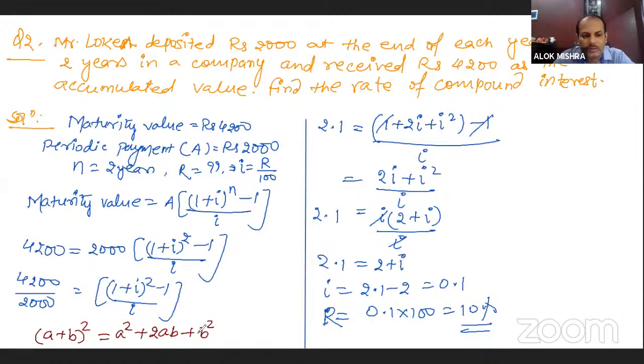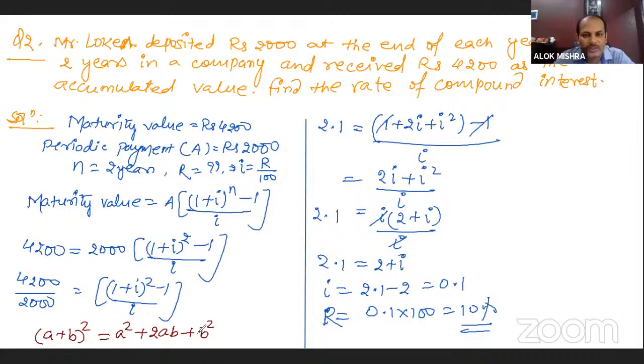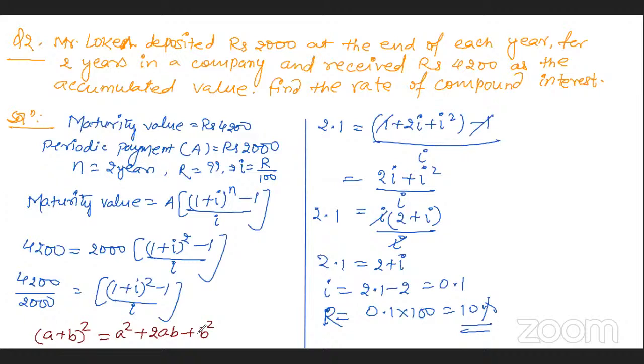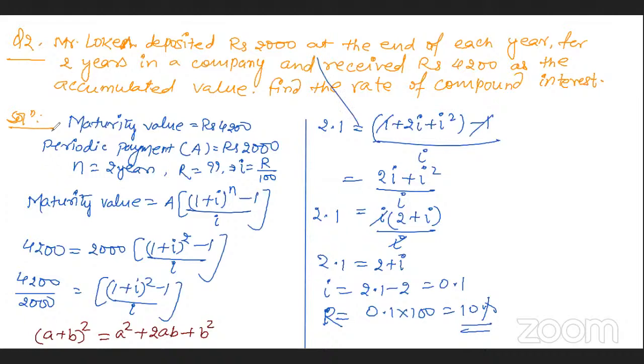I didn't get that. See what it says, for how many years you are depositing. 2 years, sir. Fine. So for the first year, what is the rate of interest? 10%. So that will be how much? 200. Okay. Next year? 10%.